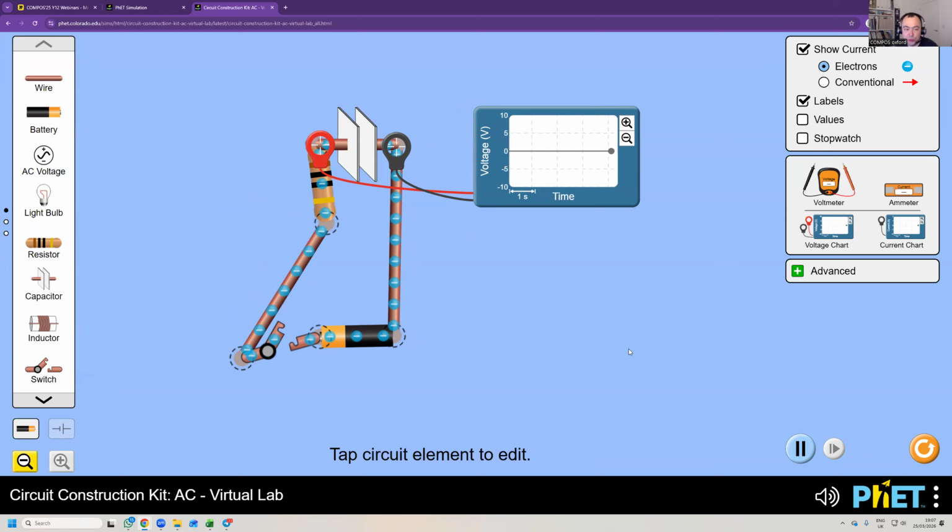So 3, 2, 1, close the switch, and you can see that the voltage does behave the way that I have described.